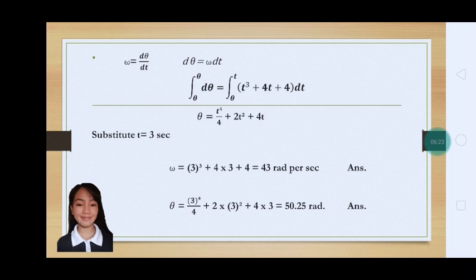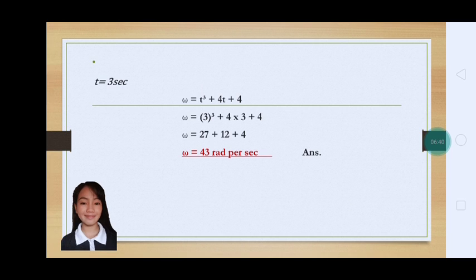So, using that answer, we substitute t with 3 seconds. Every t is equivalent to 3 seconds.